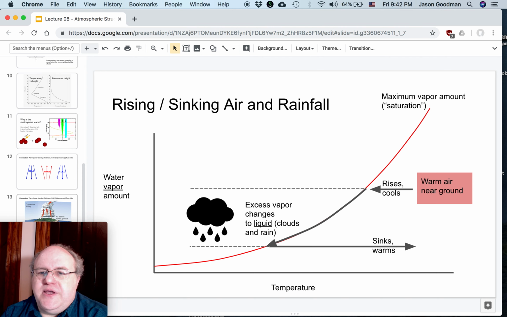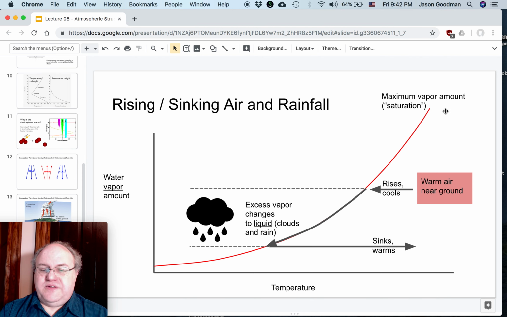That comes into play here. Let's imagine that we've got a warm parcel of air in contact with the ground, and it begins to rise. It has some humidity to it because it's been in contact with plants and water on the surface, and it begins to rise.